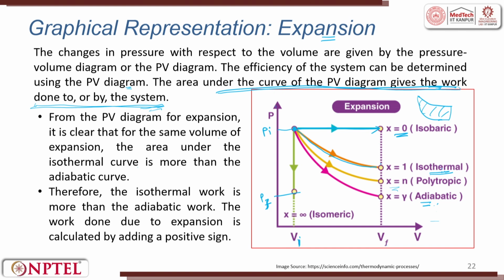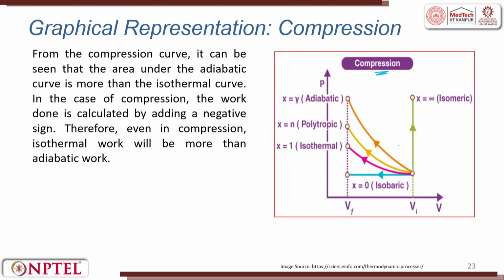Compression means from Vf it goes to V initial. So now for the compression curve, everything goes from Vf to Vi. If you compare with the previous graph, you are trying to compress, to reduce the volume.